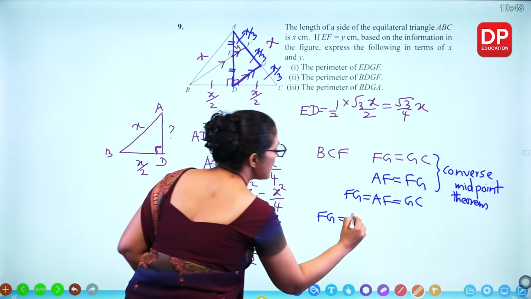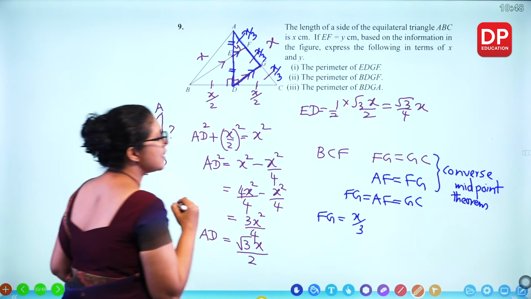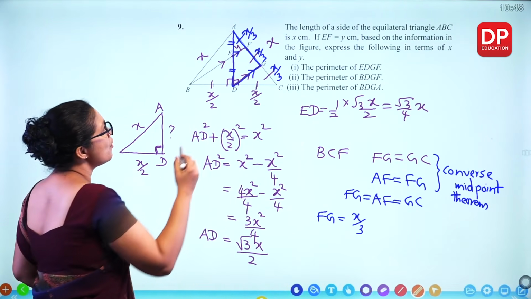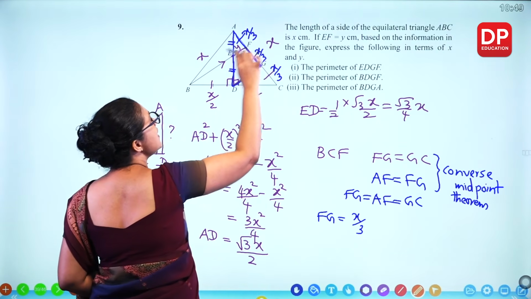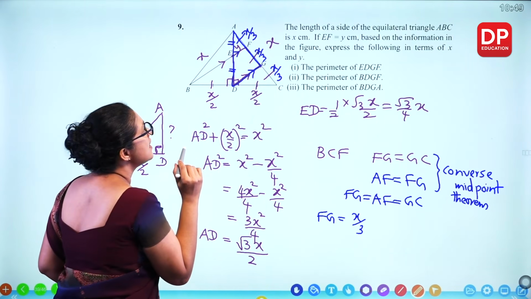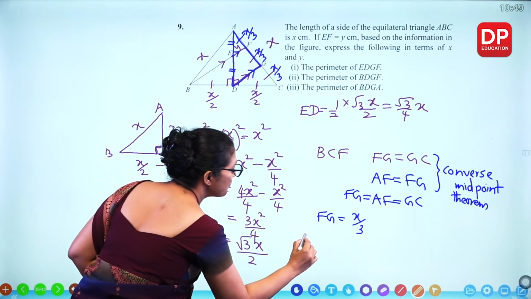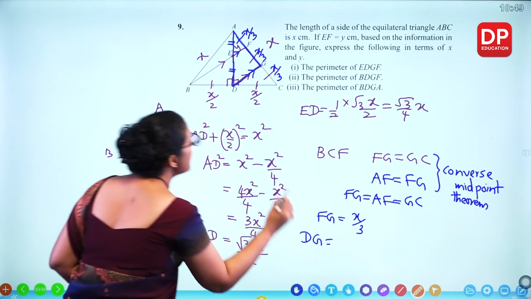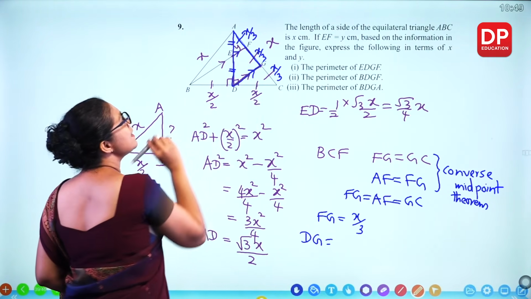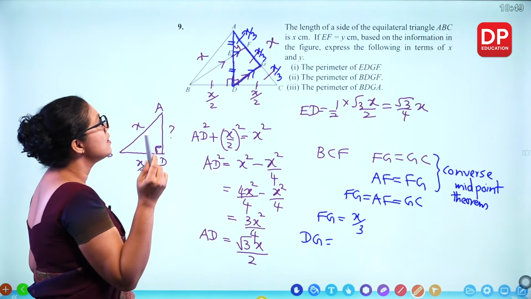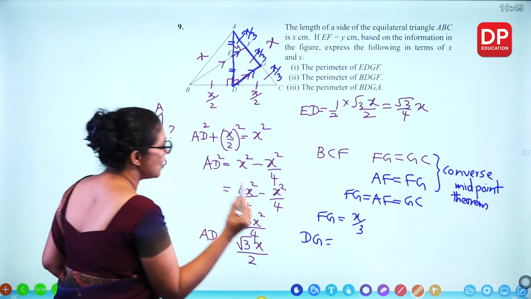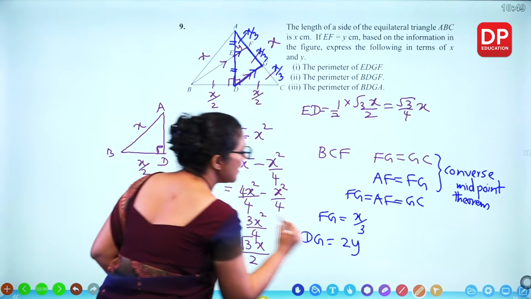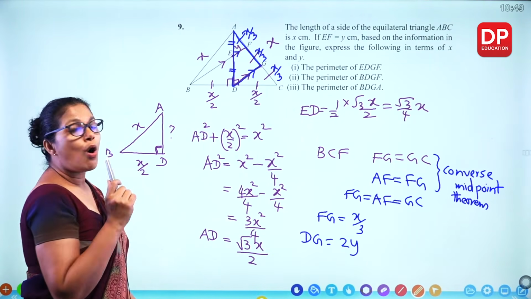So FG is equal to x over 3. And also we know that EF is y. So what is DG? DG length is twice EF, that's 2y. So we have all the lengths.